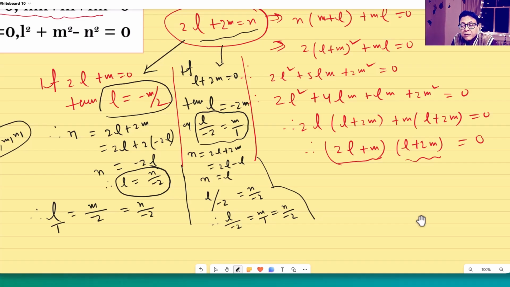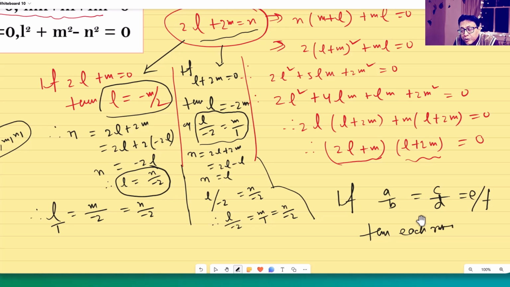That is, if A by B equal to C by D equal to E by F, then each ratio is equal to under root A square plus C square plus E square by under root B square plus D square plus F square.